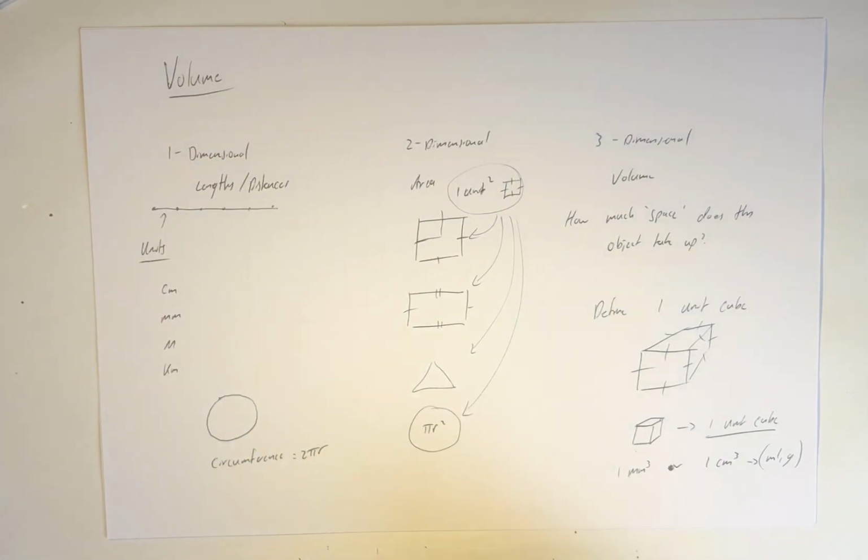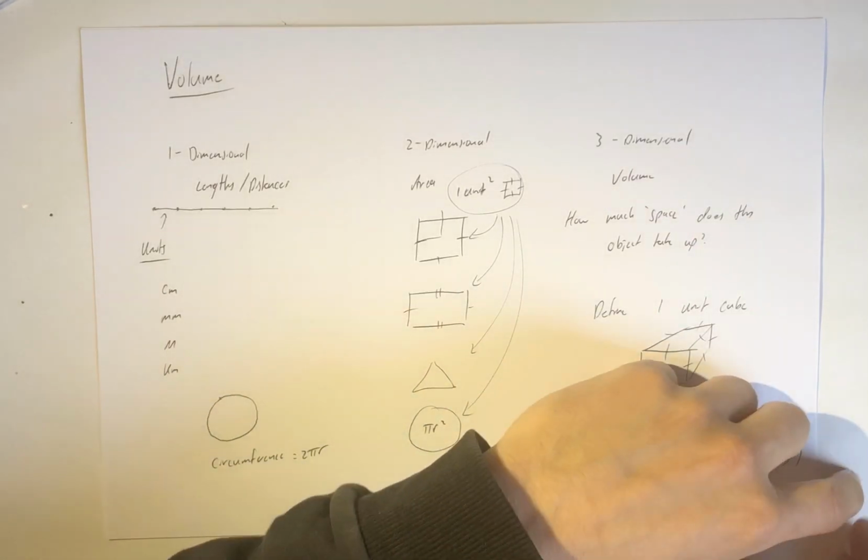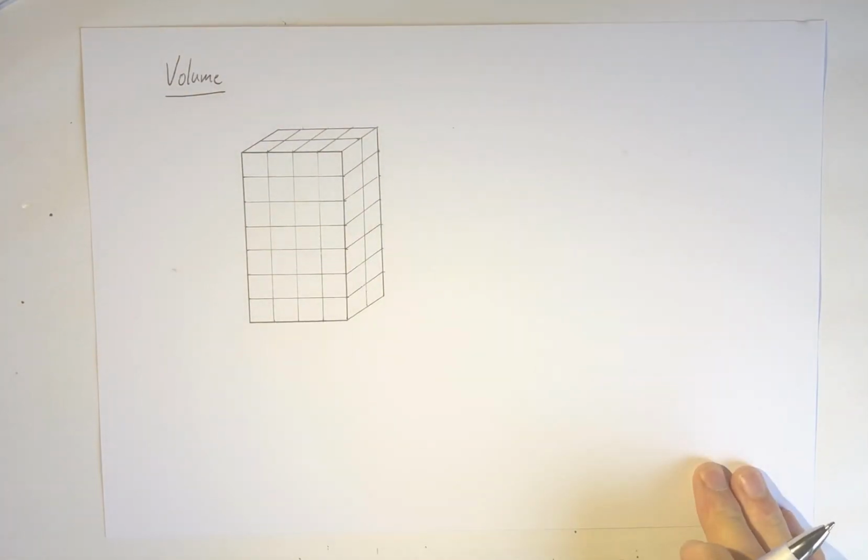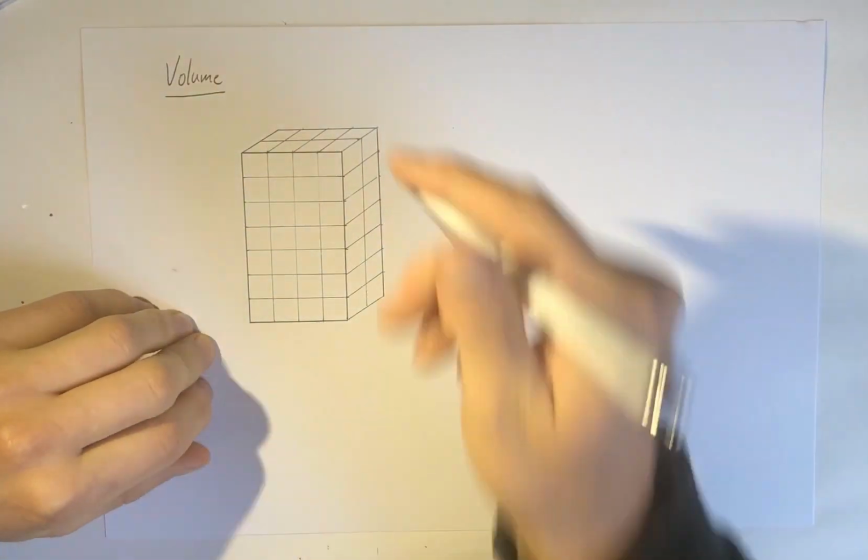Anyway, what we want to get into is volume. So we define 1 unit cubed, and if we're figuring out volume, we're asking how many go into that shape.